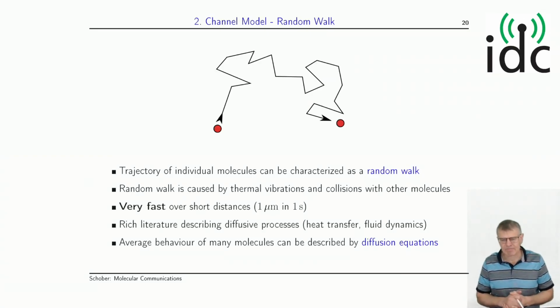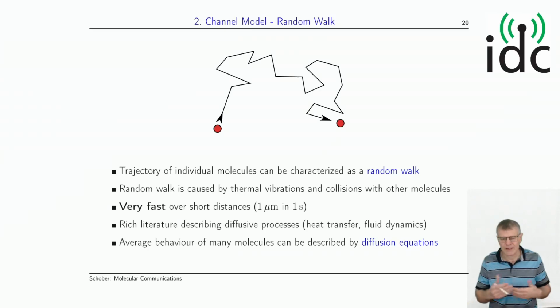And while the movement of the individual molecule is random, its statistical behavior can be described by mathematical equations, basically. So this can be predicted, and at the same time, this also would predict deterministically the behavior of many molecules, right?